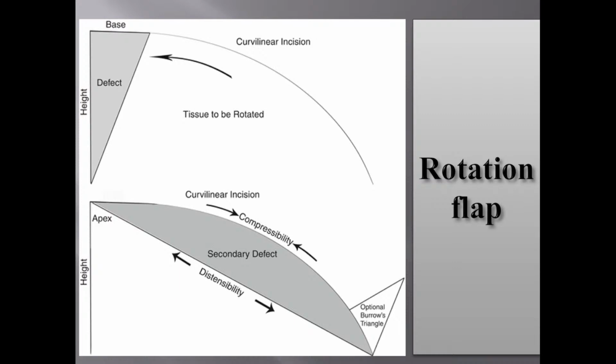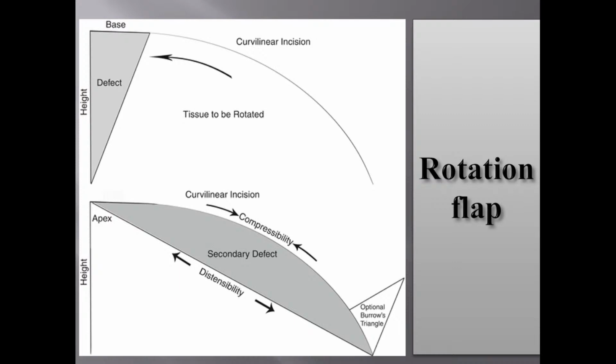Regardless of whether their blood supply is random or axial, rotation flaps are broad-based with a favorable length-to-width ratio, and their vascularity tends to be reliable. Although rotation flaps are pivotal flaps in their movement, most are also advanced by stretching of the flaps.